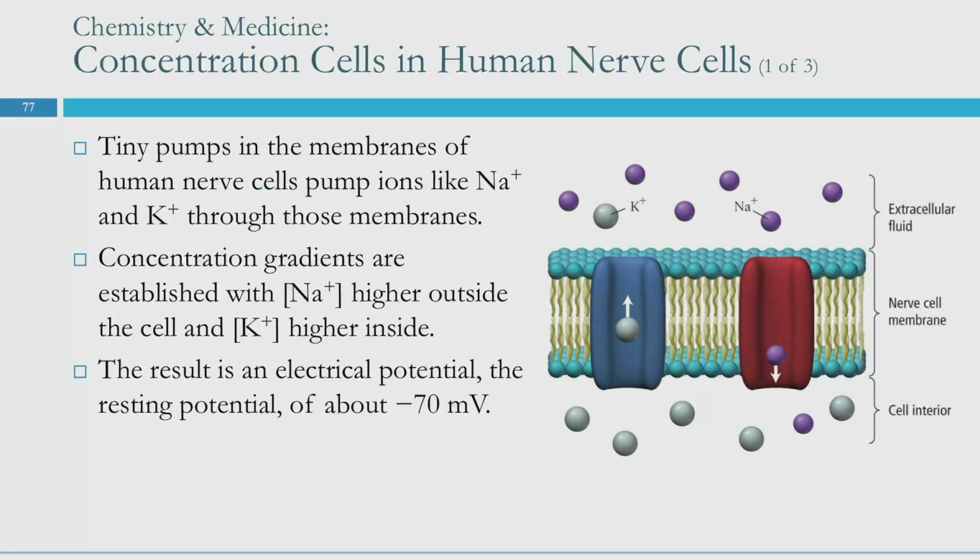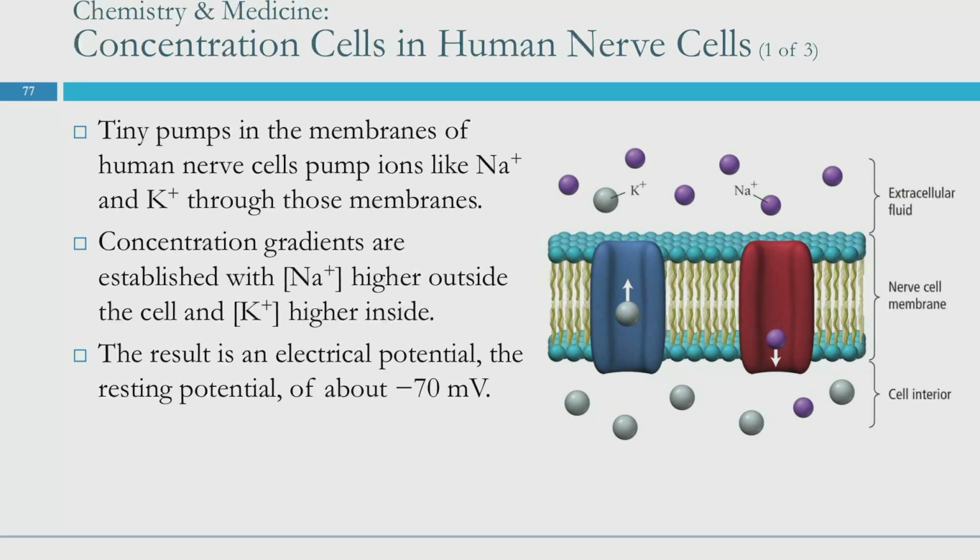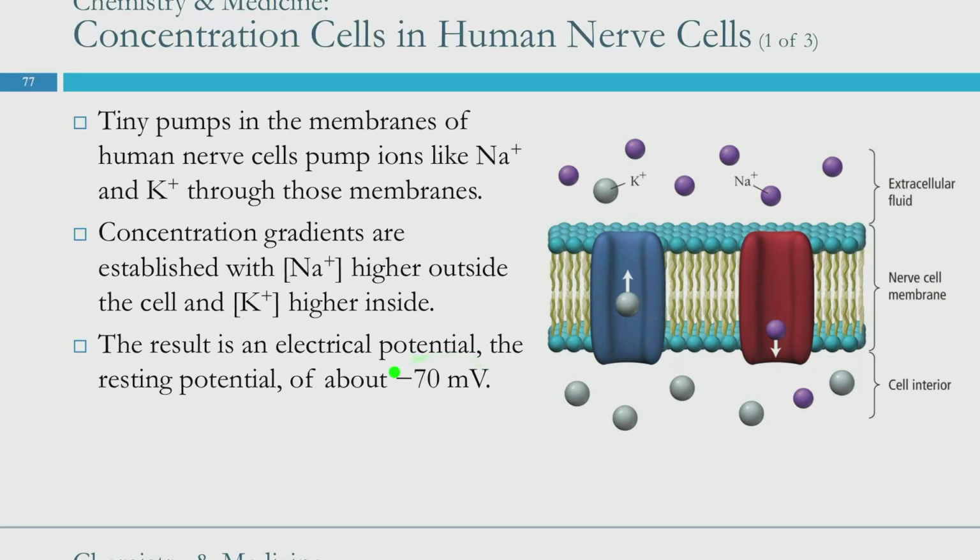You can get concentration gradients, so larger concentrations on the outside versus the inside. For example, higher sodium concentration outside, and more potassium inside, and that can result in an electrode potential, the resting potential of about negative 70 millivolts, so 0.07 volts.